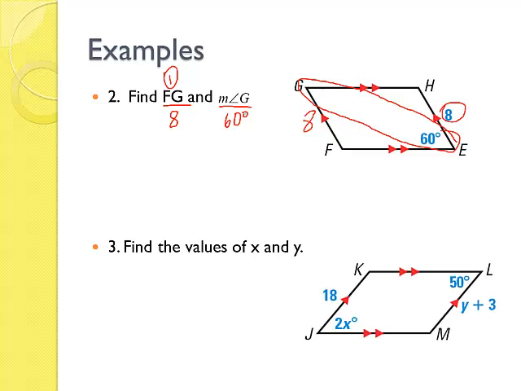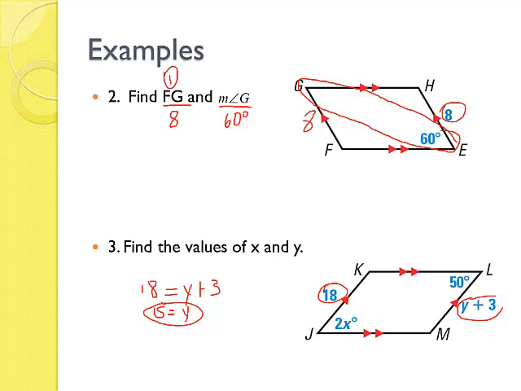For number 3, a little more algebraically involved, but the same exact thing. Both pairs of opposite sides are congruent, so 18 equals y plus 3. Therefore, y is equal to 15 if you solve it algebraically.